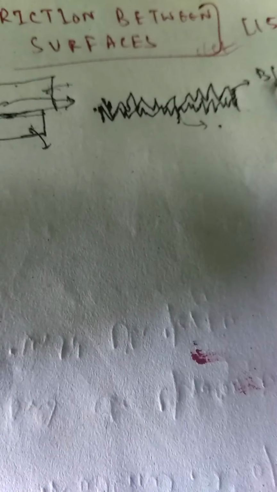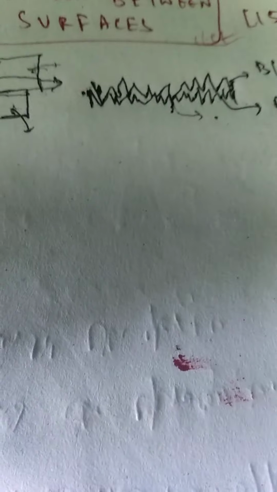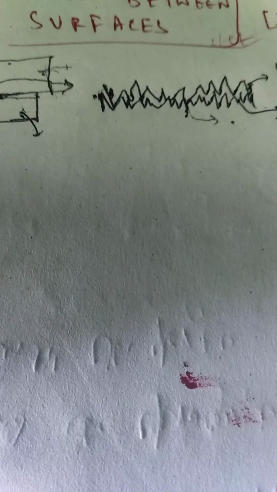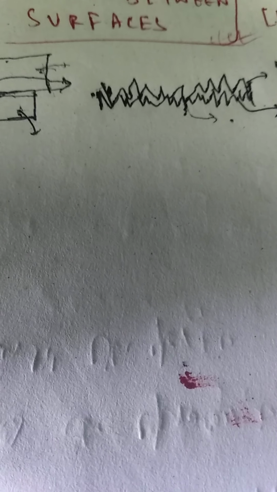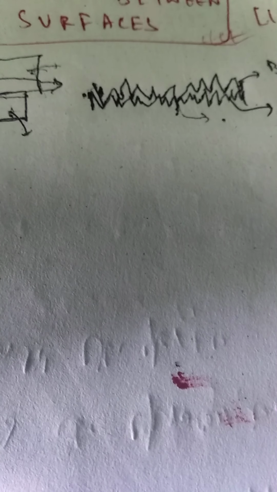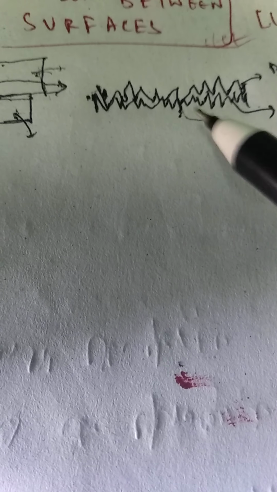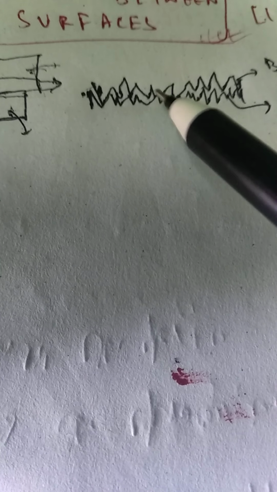So there will be interlocking of the projecting particles, a certain amount of interlocking between these two surfaces due to these irregular particles. You have now understood the basic concept of why there is friction between two surfaces.